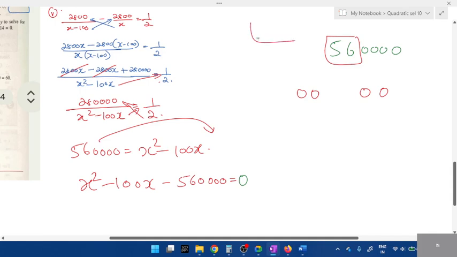If you take 56, how do you factorize this, students? 2 into 28, 2 into 14, 2 into 7.